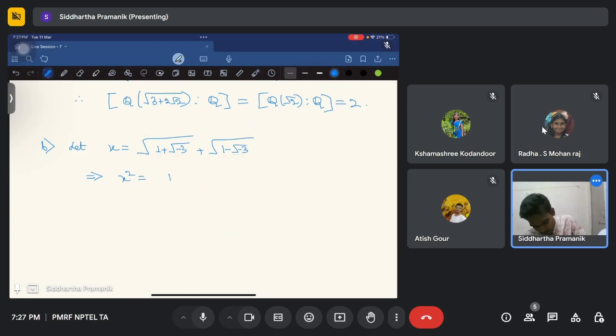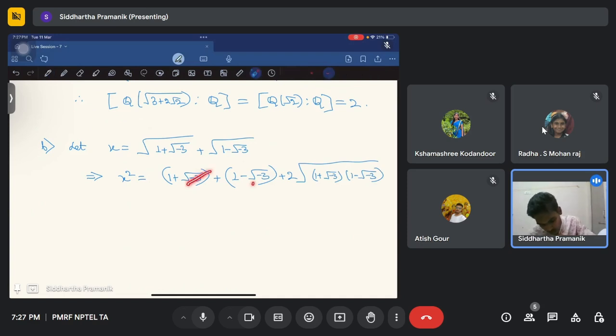So we get 1 plus square root of minus 3 plus 1 minus square root of minus 3 plus 2 times the square root of (1 plus root minus 3) times (1 minus root minus 3). Here square root of minus 3 will get cancelled, so this is basically 2 plus 2 times.